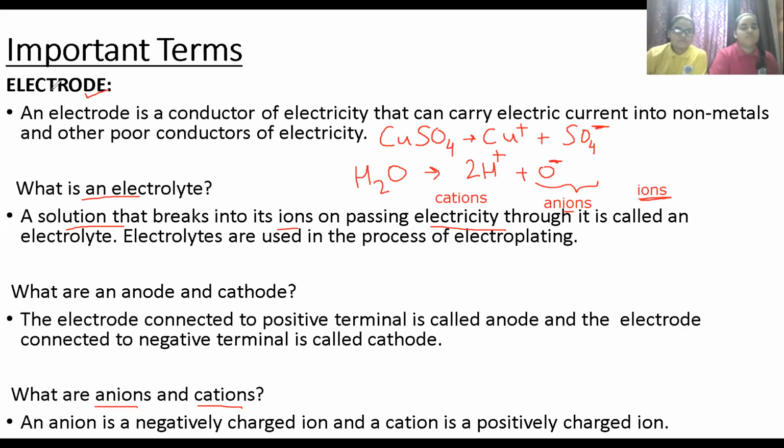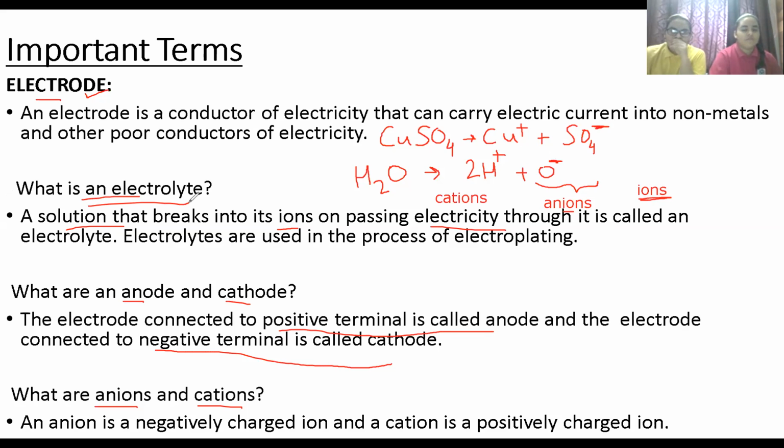Similarly, for electrode we know it's a rod, and what is anode and cathode? The one connected with the positive terminal is known as anode, and the one connected with the negative terminal is known as cathode. And electrolyte is just a solution through which electric current can pass.